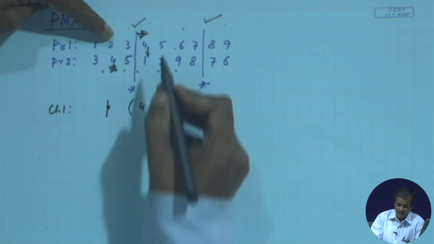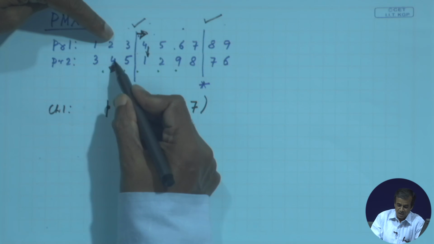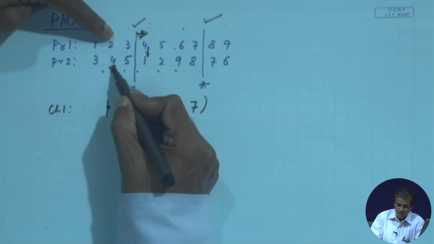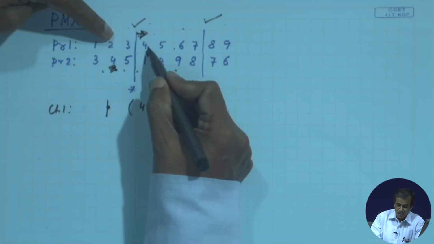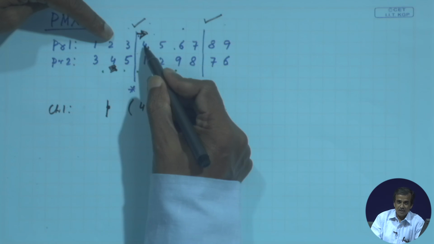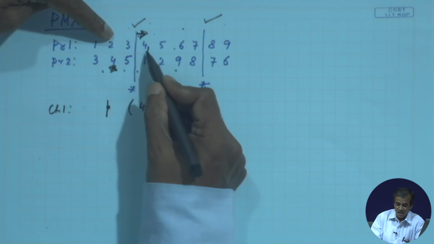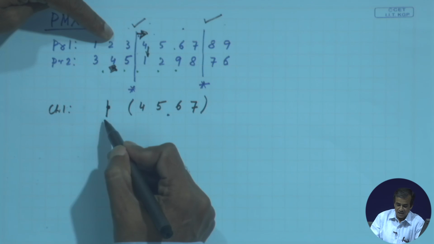Let me repeat it again. Here there is a 4, find out the possible location of 4 on parent 2. So, this is the second location. Second location you put the city 1, because 1 corresponds to 4 here, lying between the two crossover sites. So, you put 1 here.